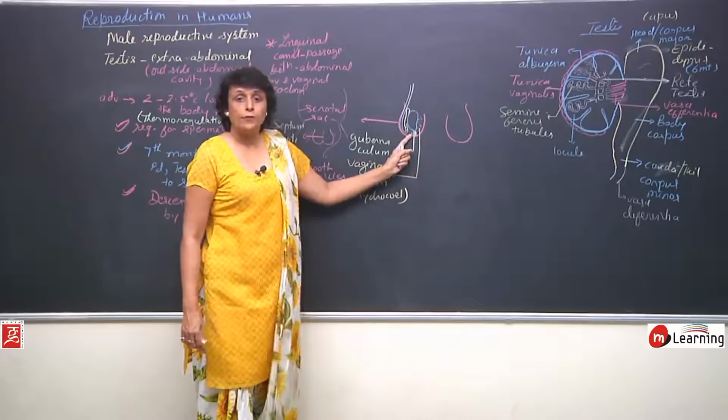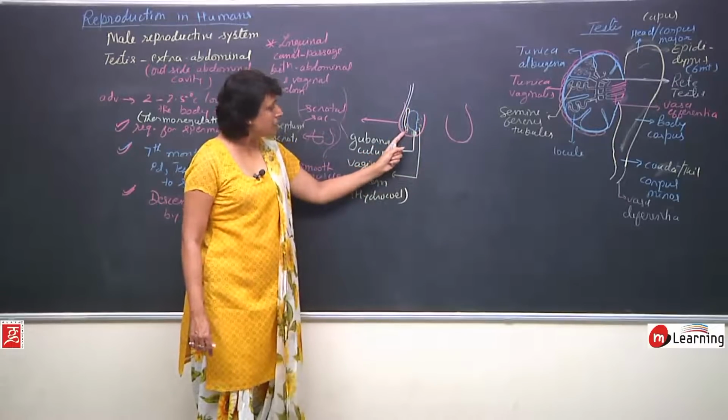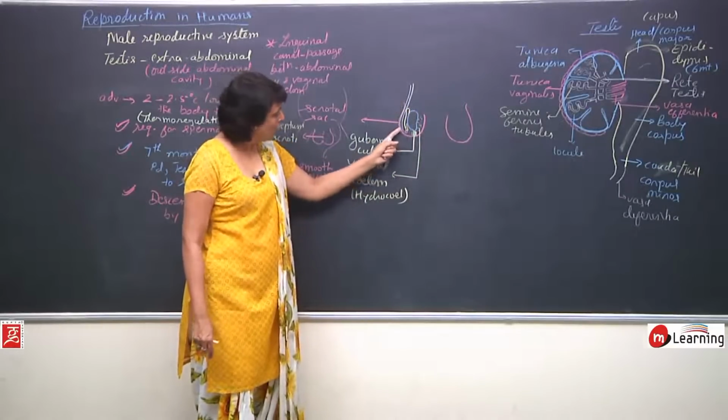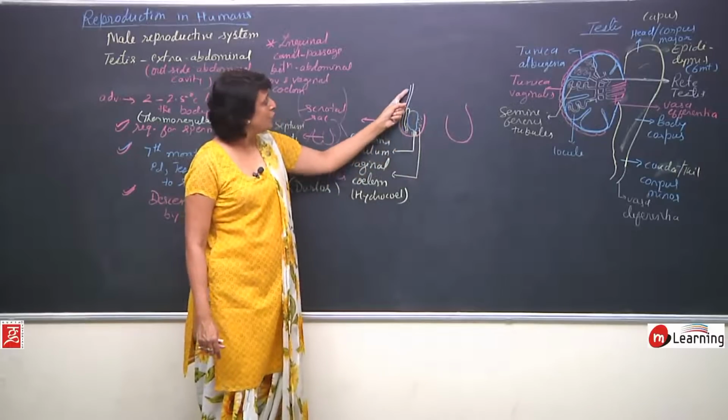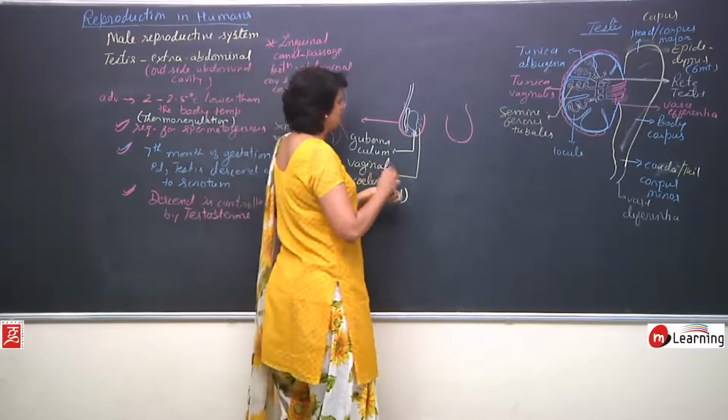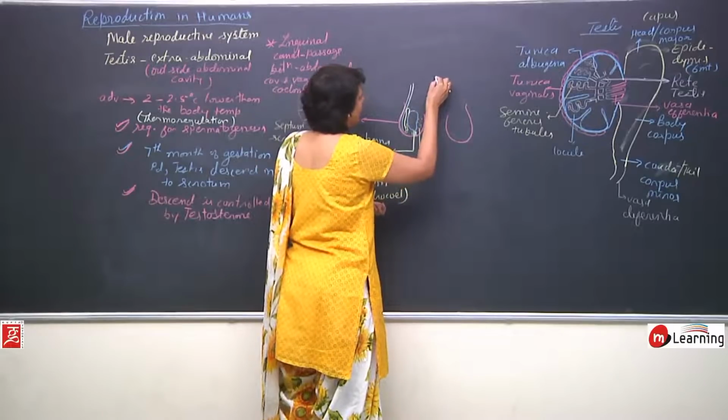Now from the epididymis, the vas deferens ascends. That means it goes up and goes into the abdominal cavity. Now let us draw the urinary bladder also here.